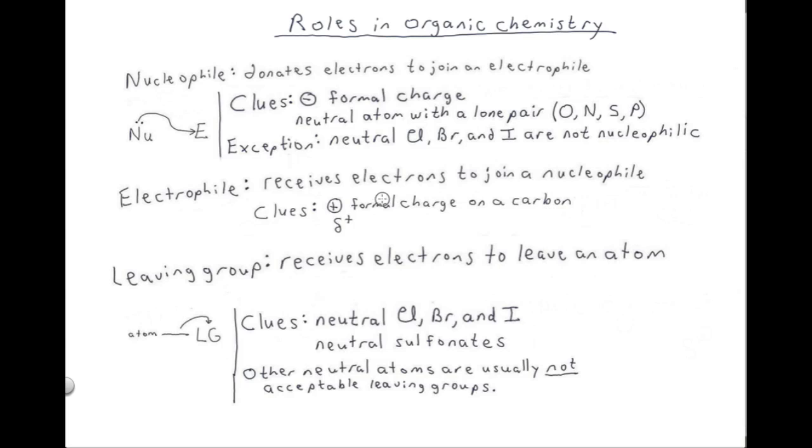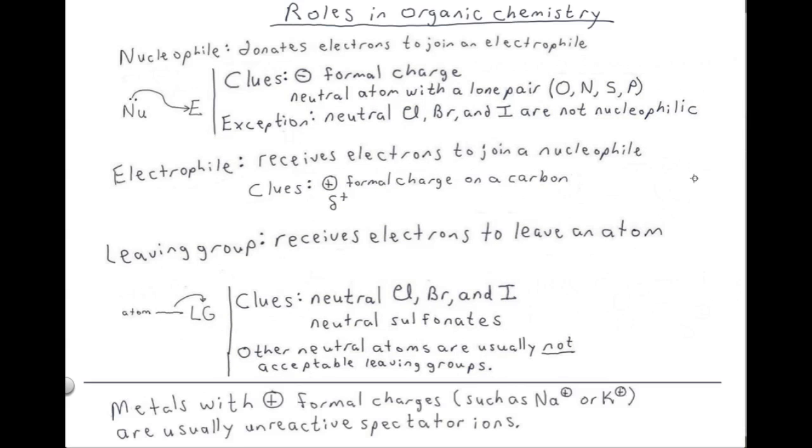Now, what about if there is a positive formal charge on an atom that is not a carbon? Well, earlier in this video, we mentioned that when you see a positive formal charge on a metal, such as sodium plus or potassium plus, that will usually be an unreactive spectator ion.